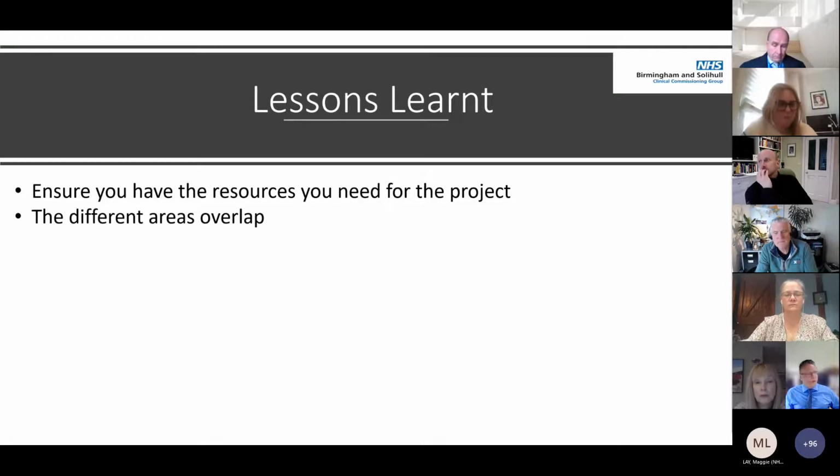The other thing is that each of the areas overlap. Someone mentioned, why have you got usability separate? The same also applies for IG, cybersecurity, clinical safety. They all overlap with each other. So for us, we do this even though the separate groups will do their thing. We've got a clinical safety group and an IG group.